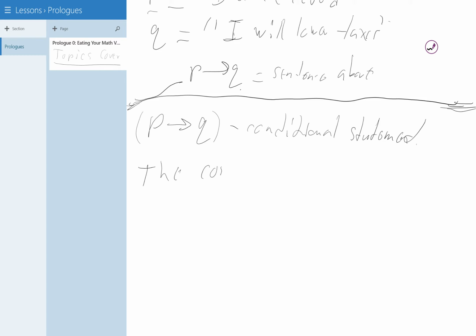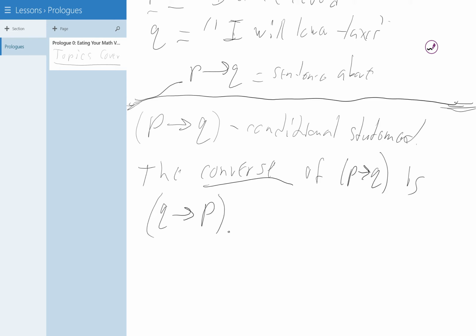The converse. Here's a new word, converse. We define this word converse. The converse of this conditional statement P implies Q is Q implies P. Right?